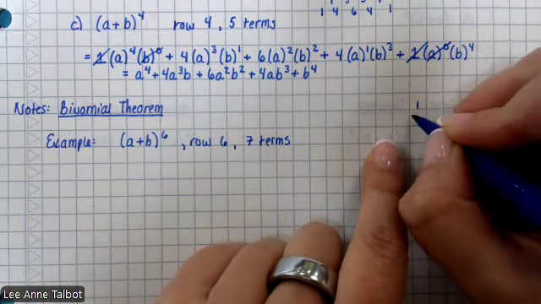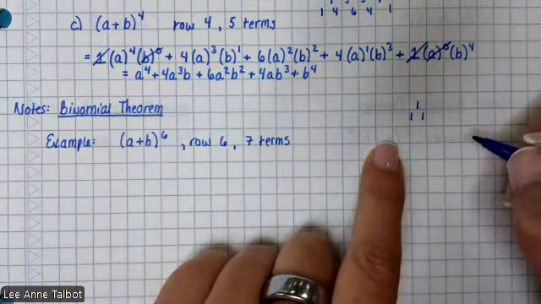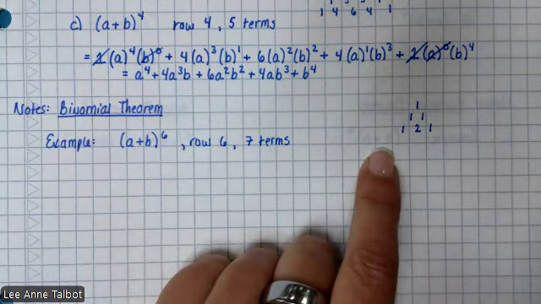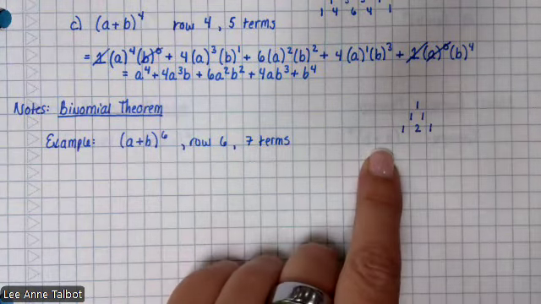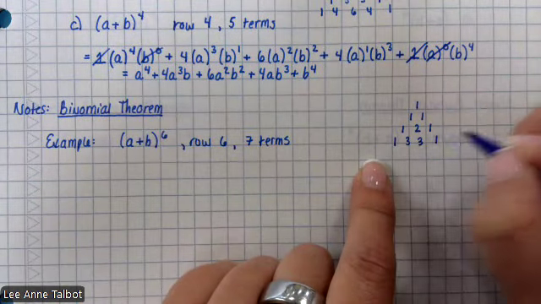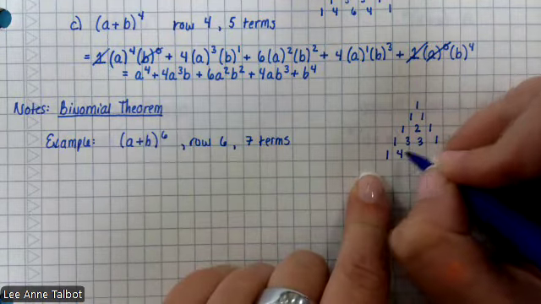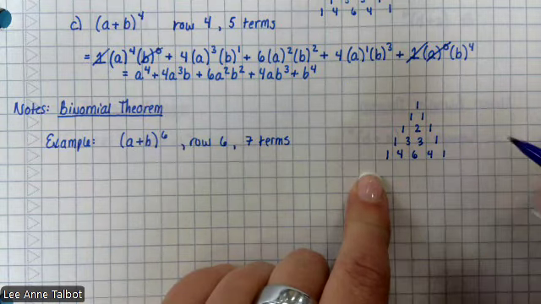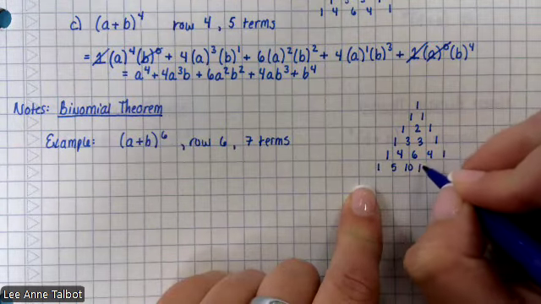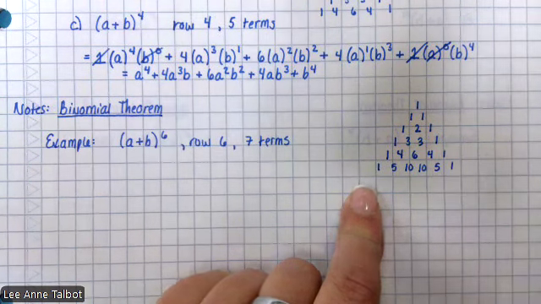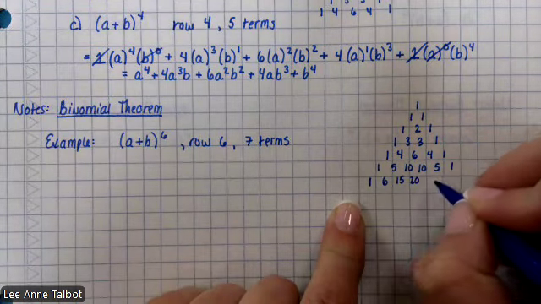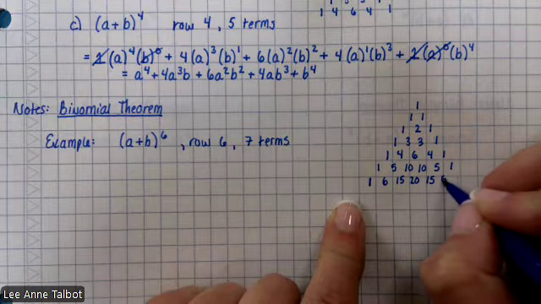So I'm going to go 1, 1, 1, 1, 2, 1. Now I understand you have it next to you on your resource page. I just want to practice making it so that you guys can always make it. 1, 3, 3, 1. 1, 4, 6, 4, 1. 1, 5, 10, 10, 5, 1. 1, 6, 15, 20, 15, 6, 1.